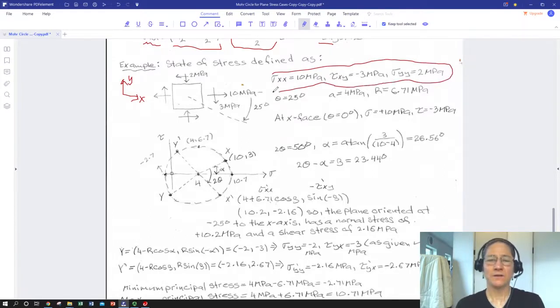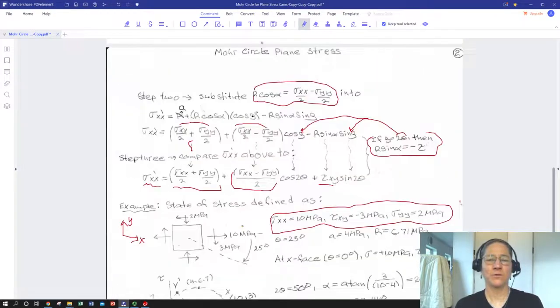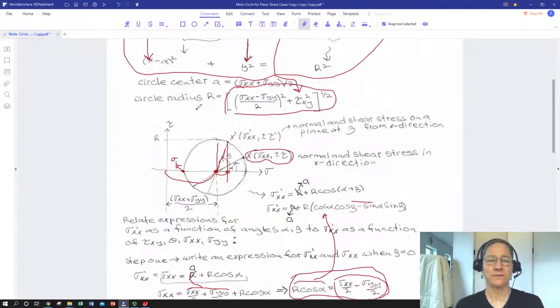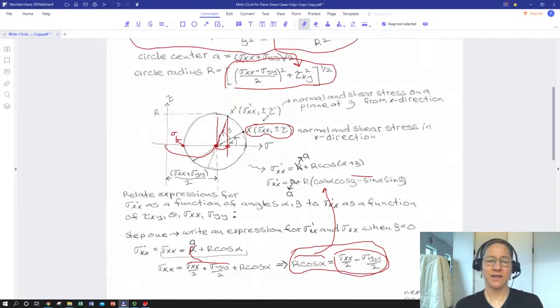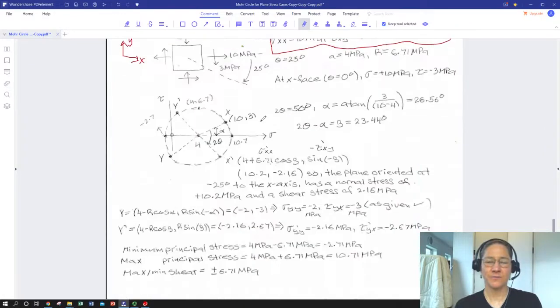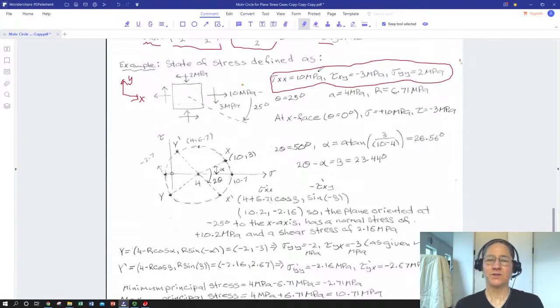We can use our definitions of A and R from our Mohr circle, and here's A and R. So we do 10 megapascals plus negative 2 megapascals divided by 2 to get our circle center, and then we use this expression to get our Mohr circle radius. So immediately, just from knowing our applied loading, we know the circle center and radius, so we can plot that.